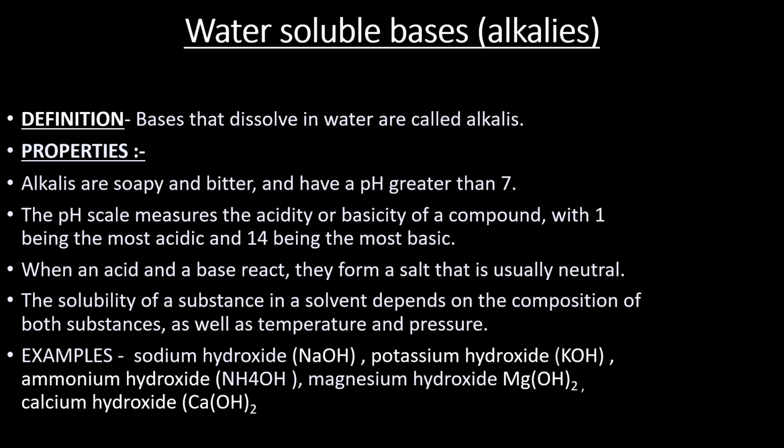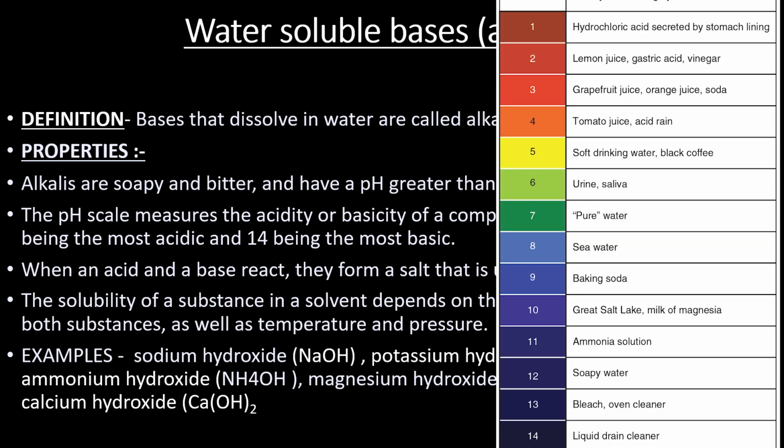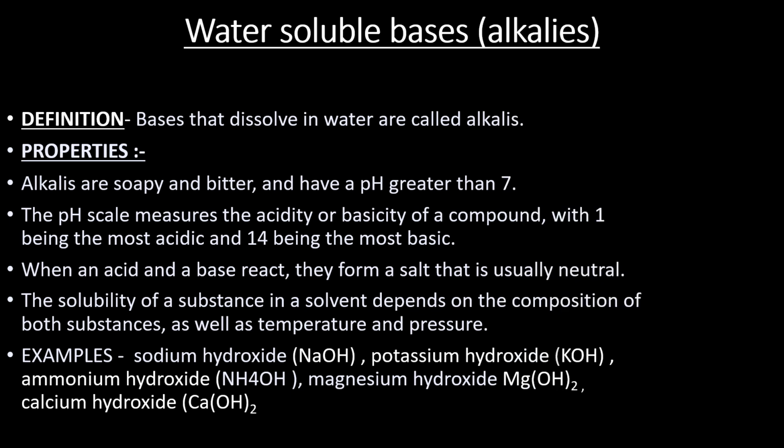Now alkalis are soapy and bitter and have a pH greater than 7. And the pH scale measures the acidity or basicity of a compound, with 1 being the most acidic and 14 being the most basic. Now I will tell you about the pH in my next video.